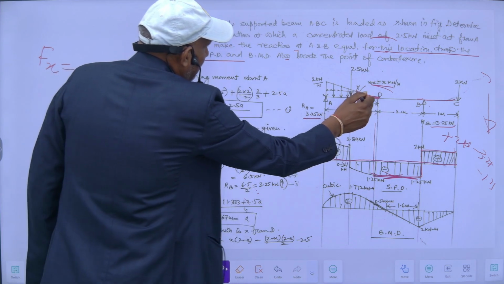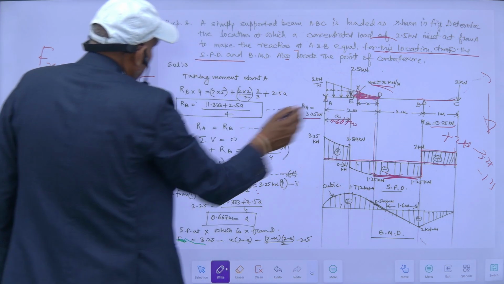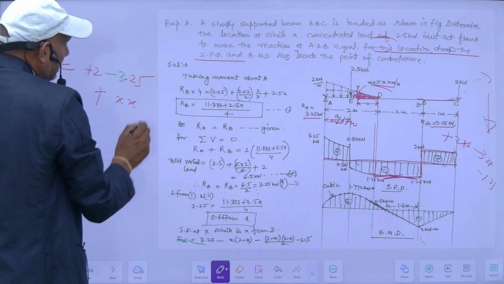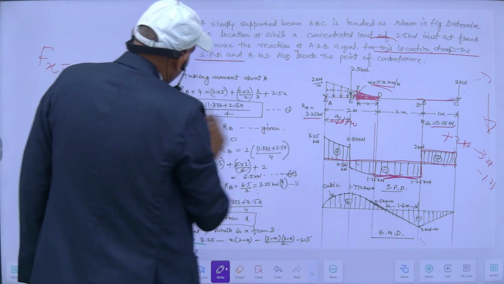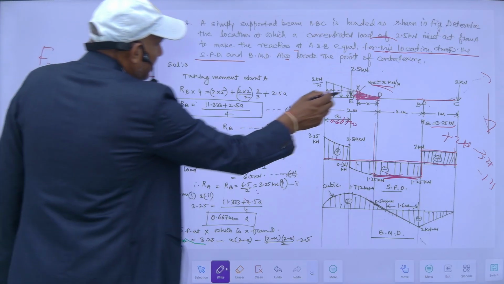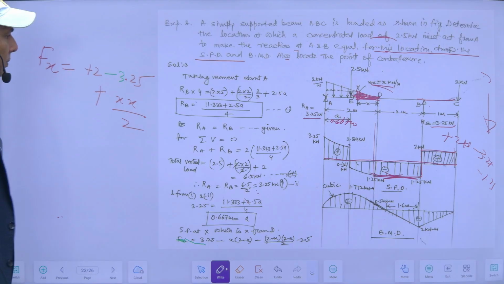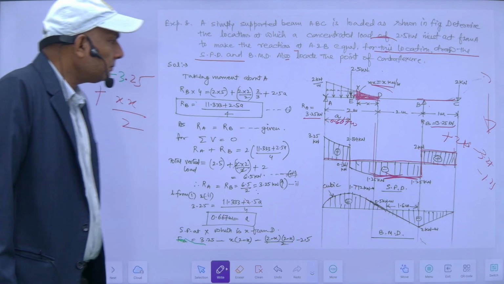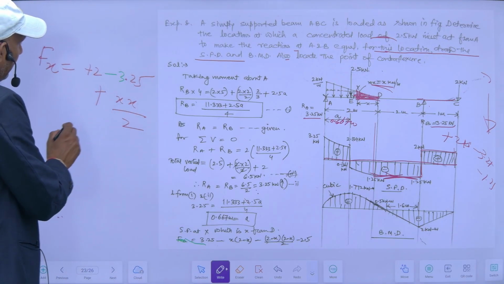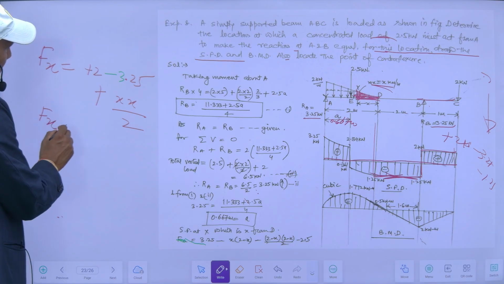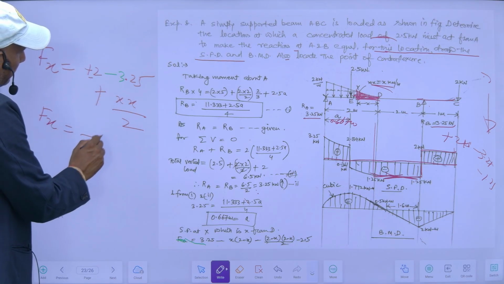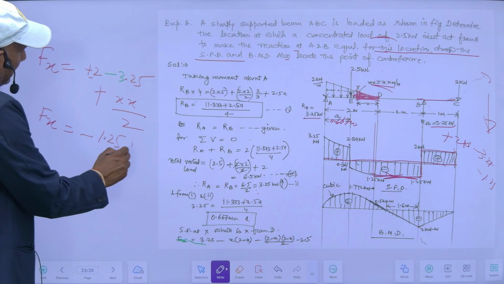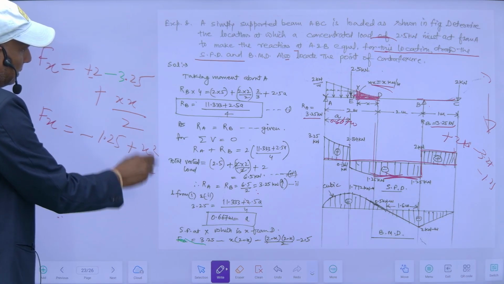This is x, this is x, so x into x divided by 2, as this is a triangle. So Fx will be equal to minus 1.25 plus x square by 2.